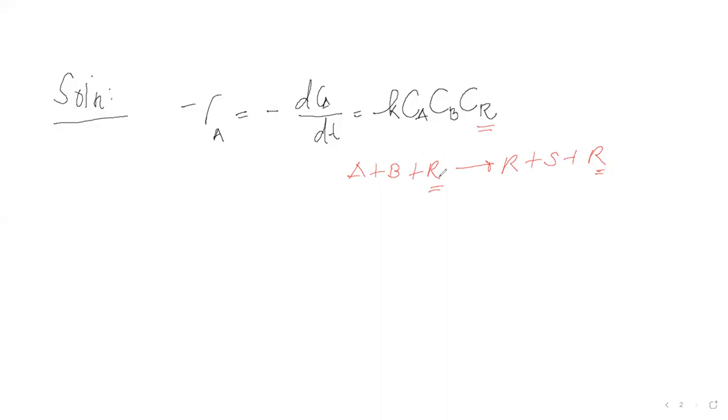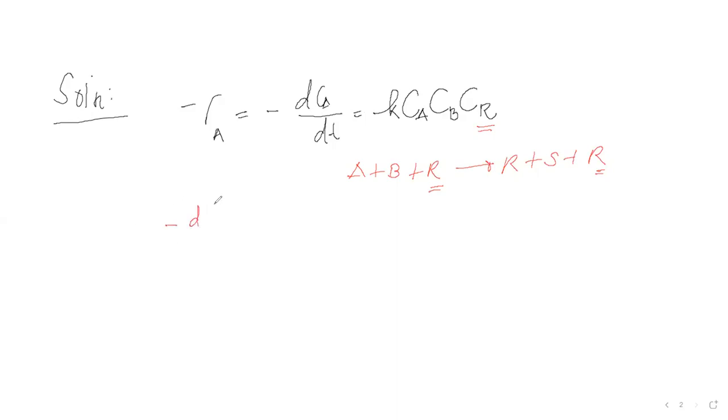Now, since you have the presence of the R on the left side of your chemical reaction, you have to write the corresponding concentration in the rate law already. Okay, so that would be now your rate expression. So we have a problem if this is the case.